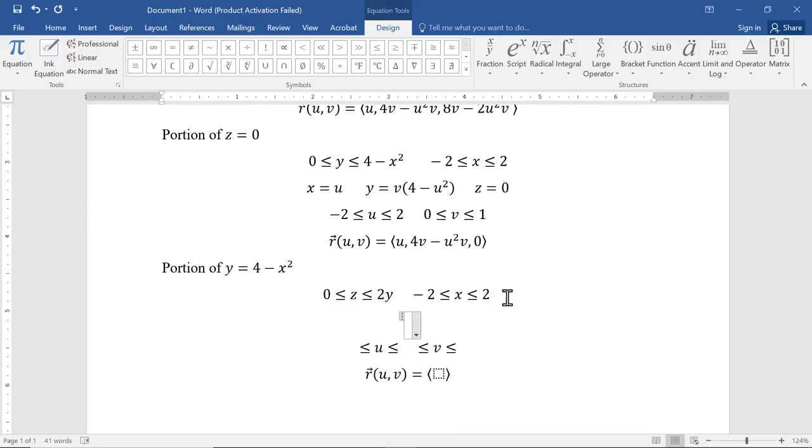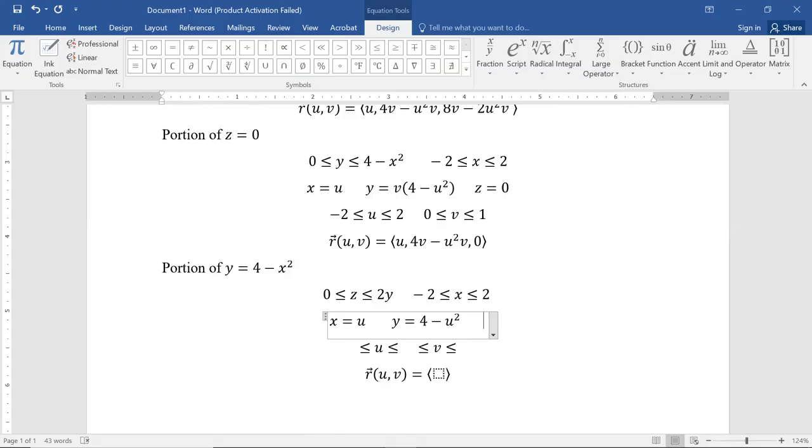So I'm going to do the standard thing. I'm going to let x be equal to my u. My y now is 4 minus u squared. I get that because it's on the surface.